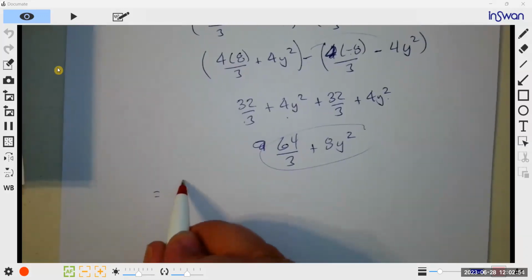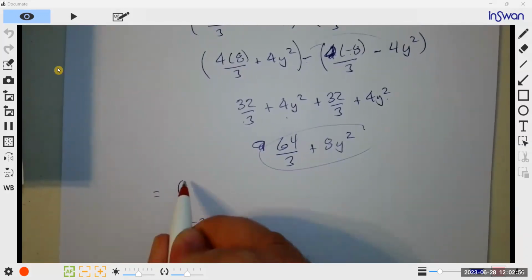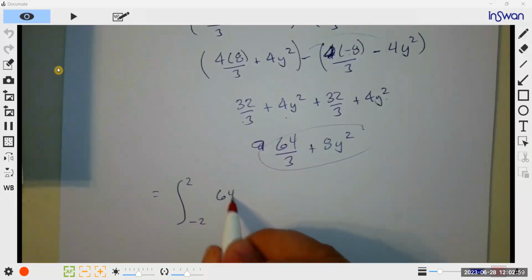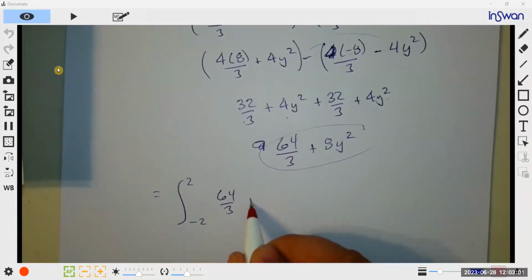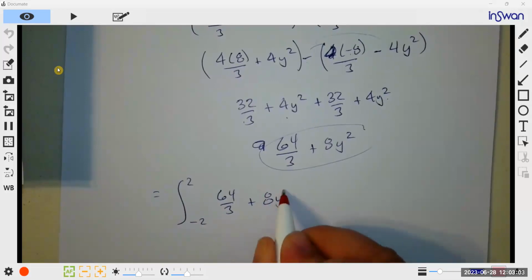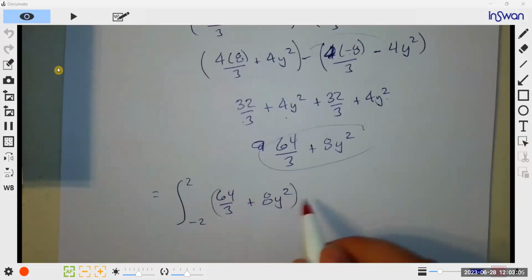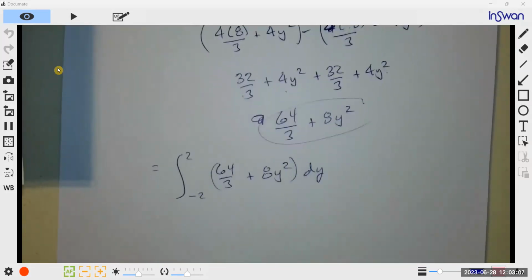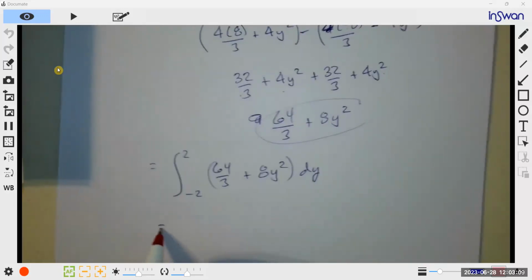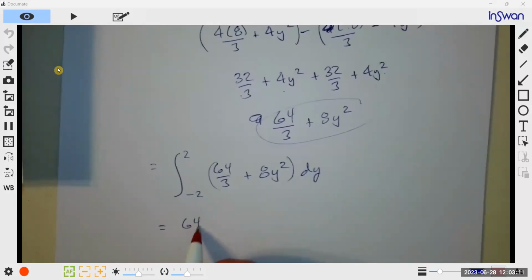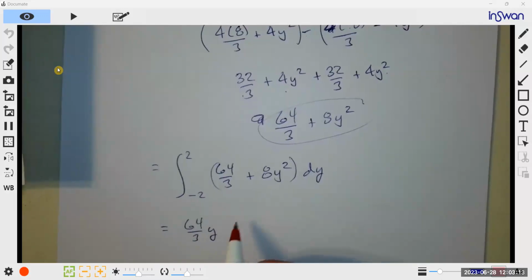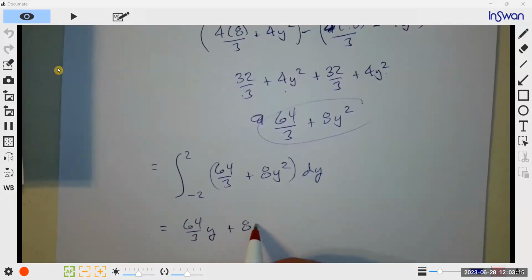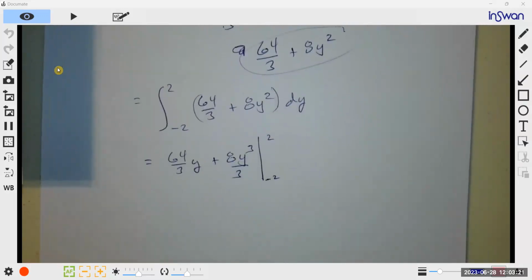So we now have to take the integral with respect to y of this function, which becomes 64 over 3 y plus 8y cubed over 3 from -2 to 2.